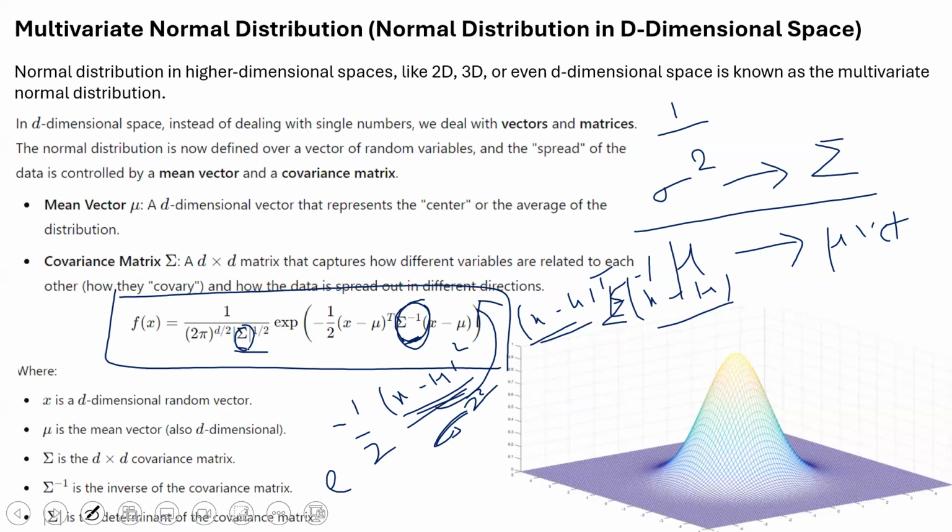And sigma in the denominator is root of sigma, that is sigma to the power of 1 by 2. That is how the probability density function looks in higher dimensions. Are you able to correlate the one-dimensional with this one? Mu is converted into the mean vector, and variance or standard deviation is converted into the covariance matrix.